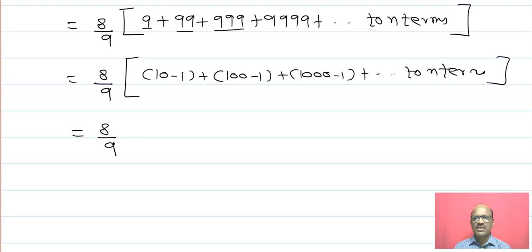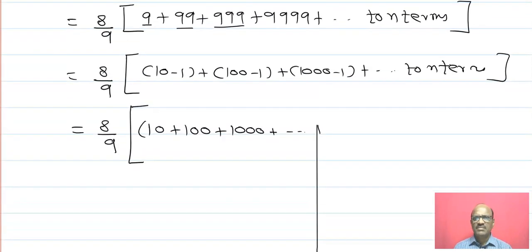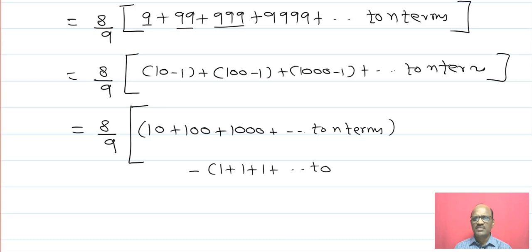That is equals to 8 upon 9 in bracket 10 plus 100 plus 1000 plus up to the n terms, and in second bracket minus in bracket 1 plus 1 plus up to the n terms.